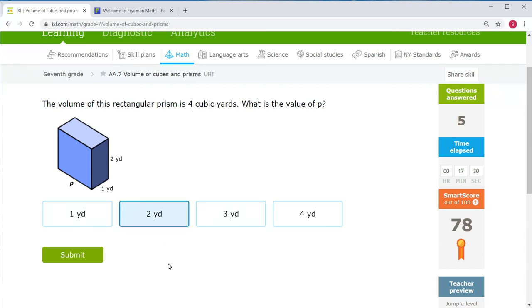And that would be 2. 2 times 1 times 2 equals 4. Again, this is another problem where we know what the volume is, and we have to find the length of the base. Okay?